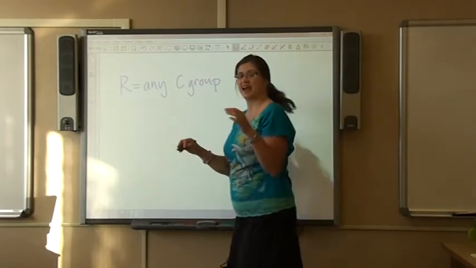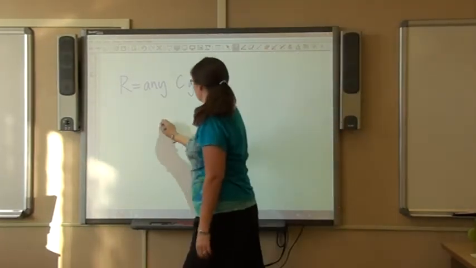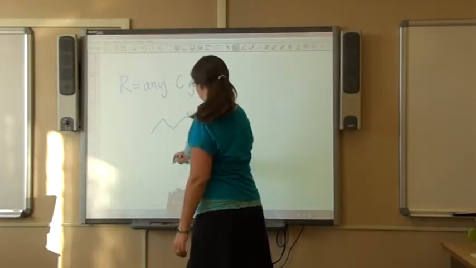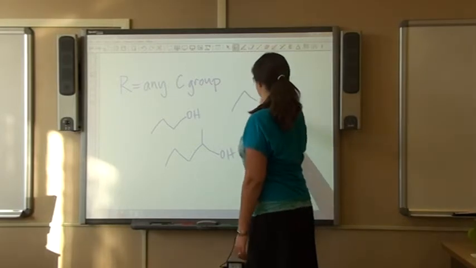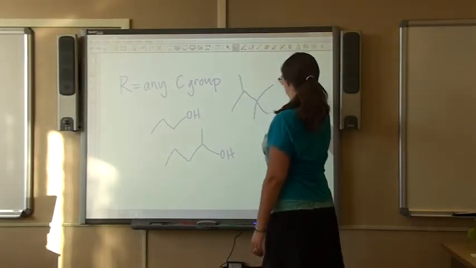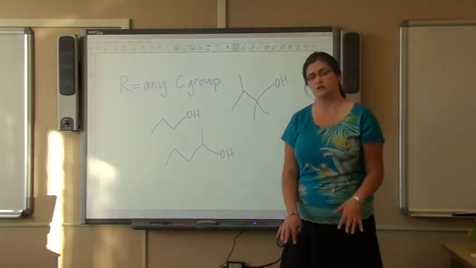R is different in every type of compound. So whenever you have an OH connected to any group, no matter what it is, it's always an alcohol. That's all that R means.